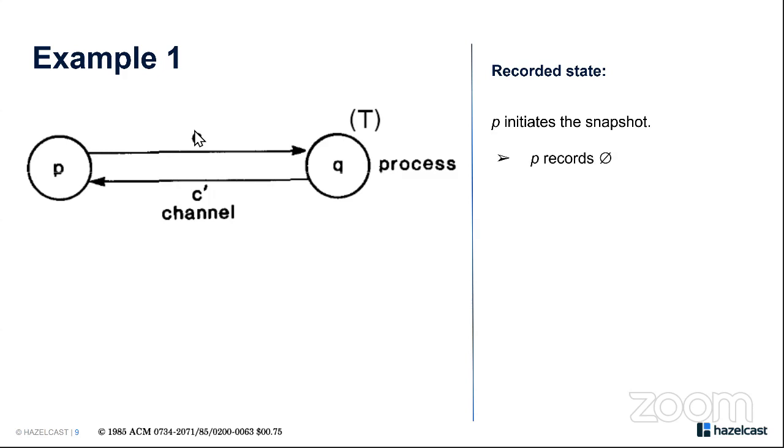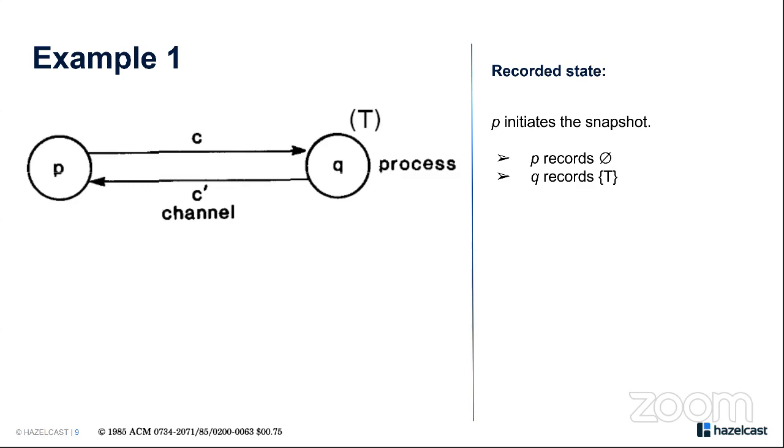So when process P recorded its state, it recorded the empty set because it doesn't own the token. It sent the marker to Q, and Q received the marker sometime later. Based on the marker receiving rule, the second rule, it must record its state now.